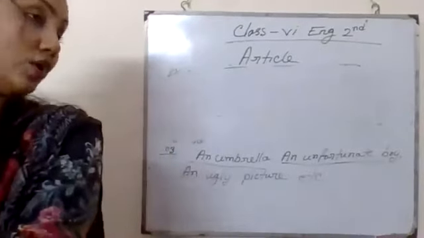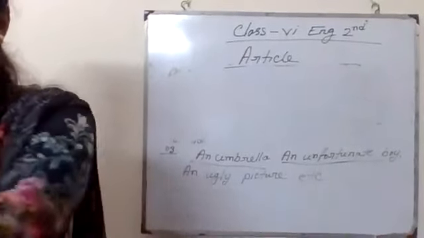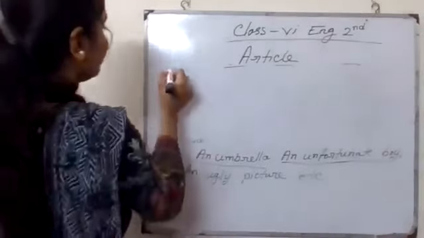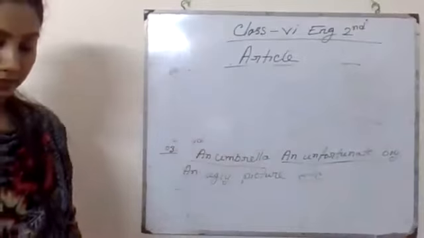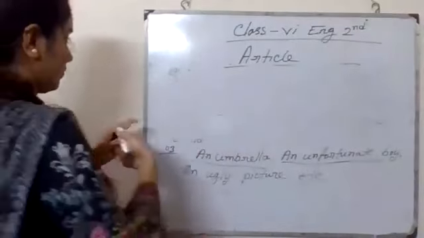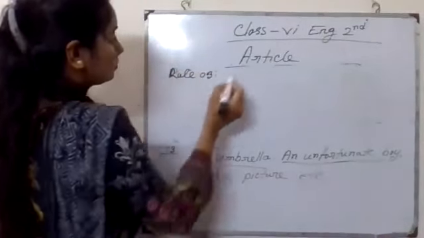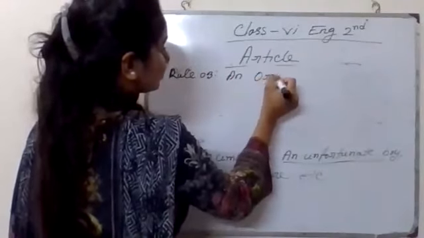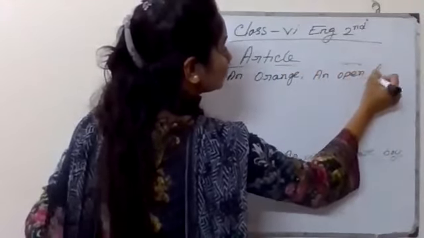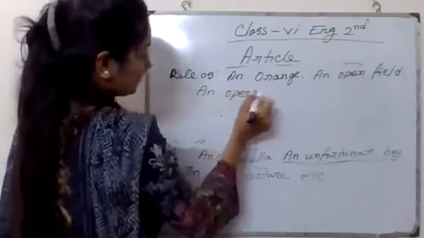Boys, I think that all of you have understood that when U is spelled like "you", then we have to use A. Okay, rule 3 again: an orange, an open field, and an opera.